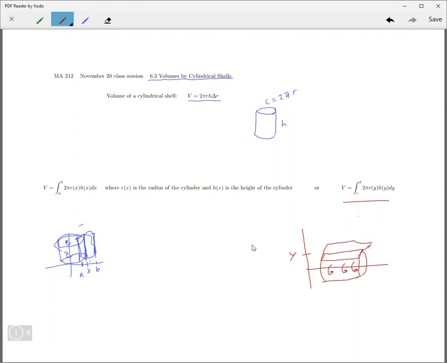The surface area of that cylinder is 2 pi r h, and dr is the thickness of that cylinder, so it's a shell. Here you'd go from c to d to cover the region that you're revolving.